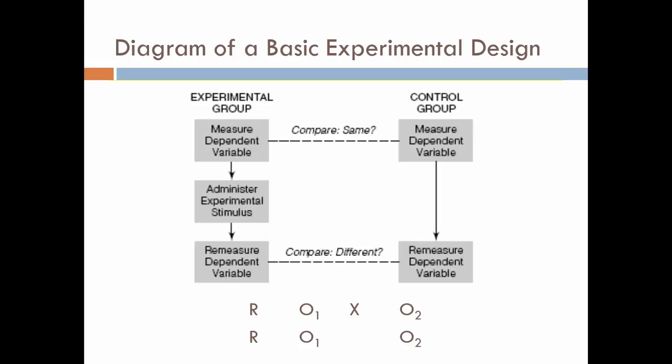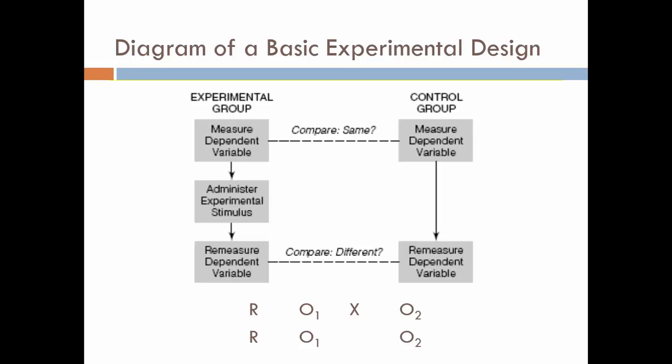Then in the experimental group column, we gave them the intervention. The group on the right, the control group, got nothing. Then the final box is measure the dependent variable again for both of them. We want to compare that, and we're hoping they're different, right? If our intervention was successful, they will be different.